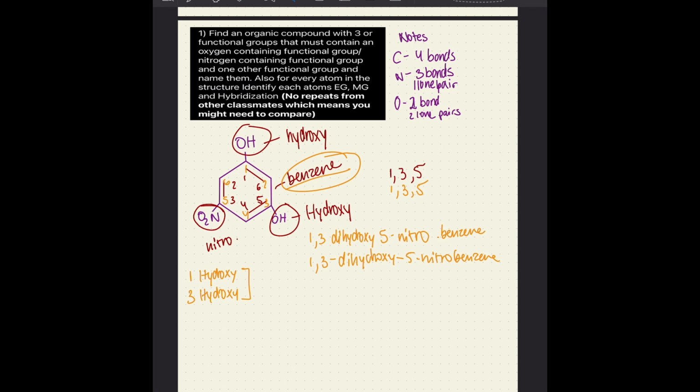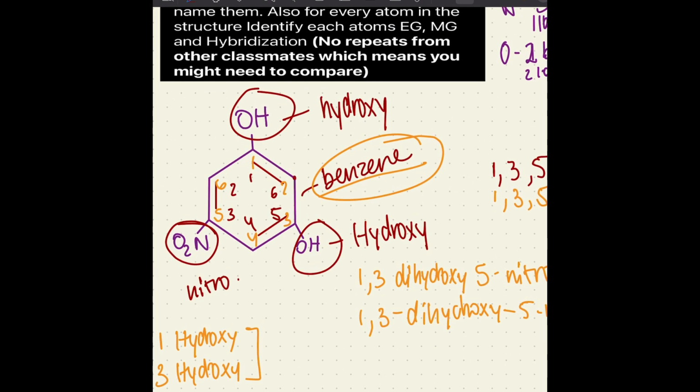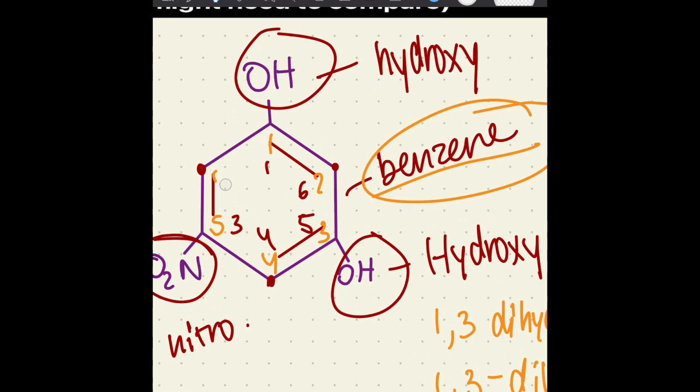So let's see. I'm just gonna start pointing out the carbons that I'm gonna work with first, and delete the little numbers that I put before, so we can see the structure of the compound better.